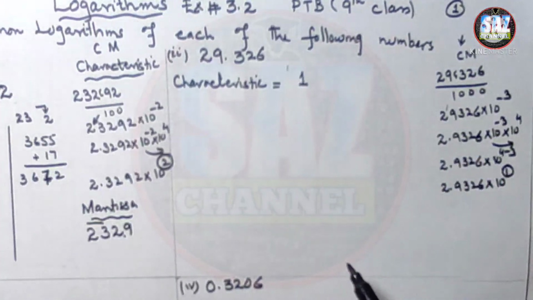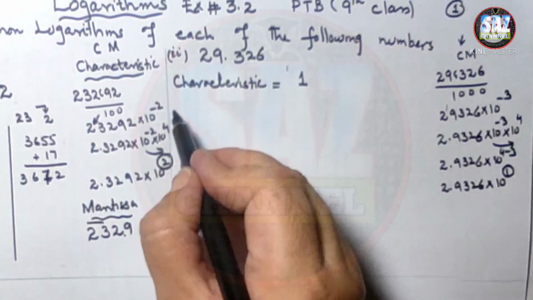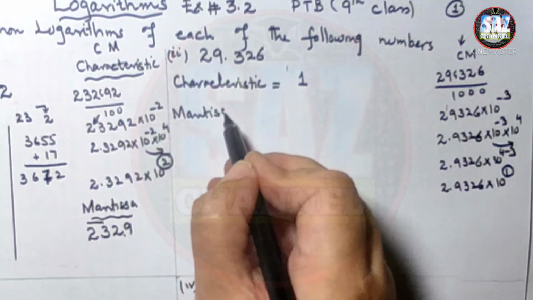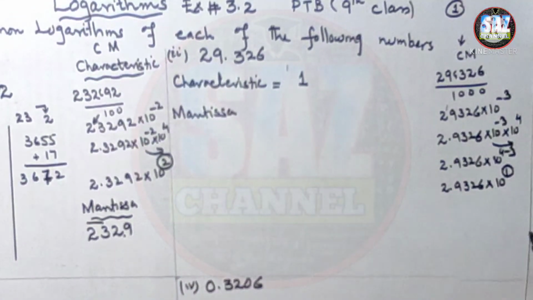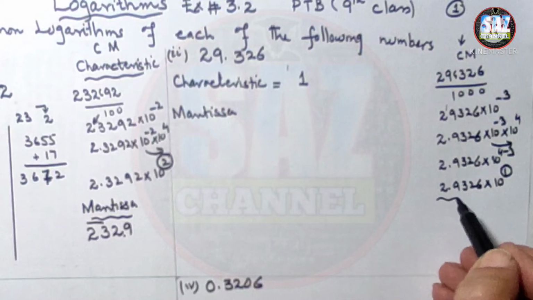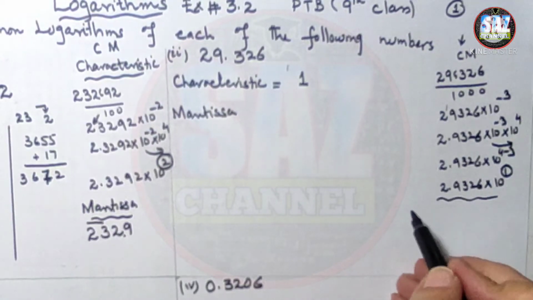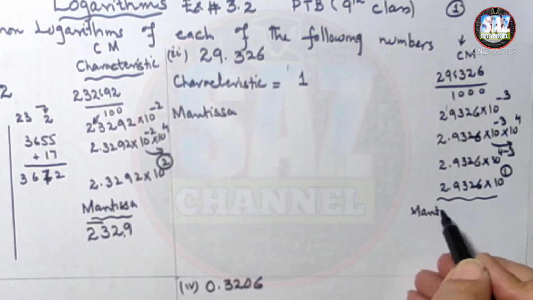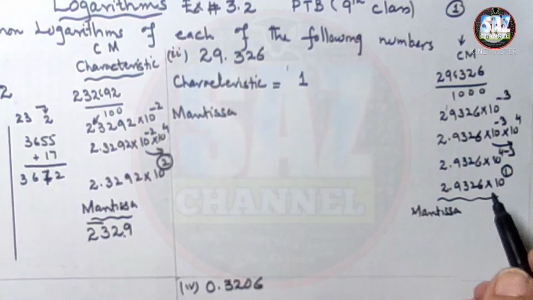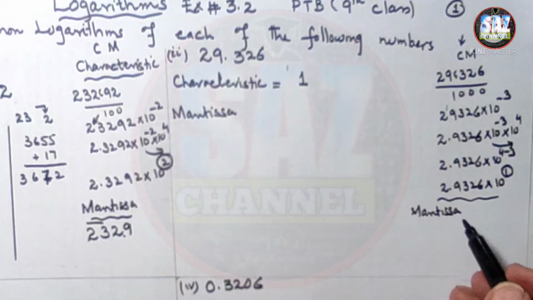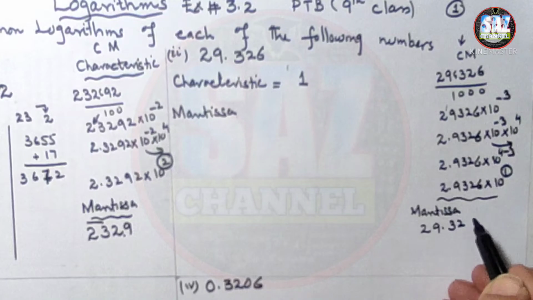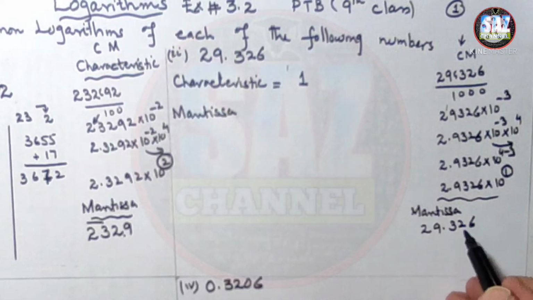And then for Mantissa part, what we have to do, first of all, we have to round off this number nearest to 4 significant figures. So for Mantissa part, 4 significant figures, as the number is 29.326, I need the digits till 2.